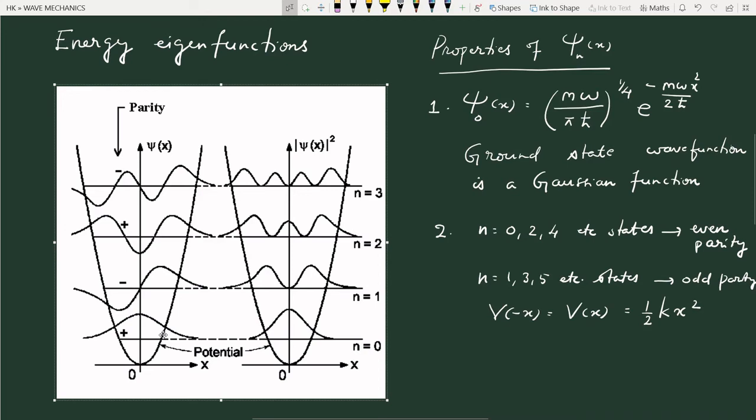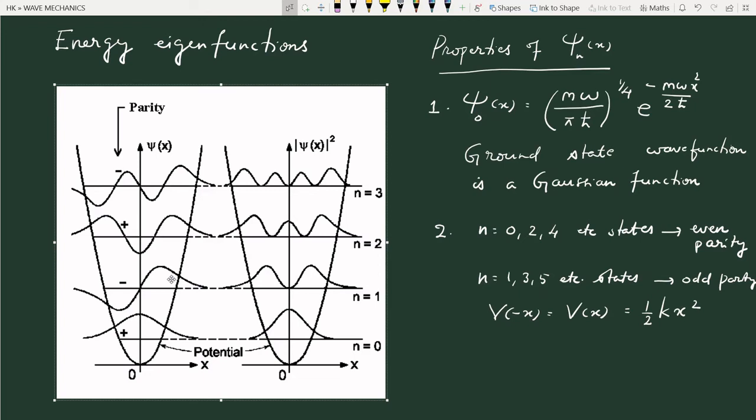That's the important thing. So when the potential function is symmetric about the origin, its consequence is that each eigenstate has either even parity or odd parity. Again, remember the case of particle in an infinite potential well. There also the potential function is symmetric about the midpoint of the box. We have taken the width of the box from x equal to 0 to x equal to L, then about x equal to L by 2 the potential function is symmetric.